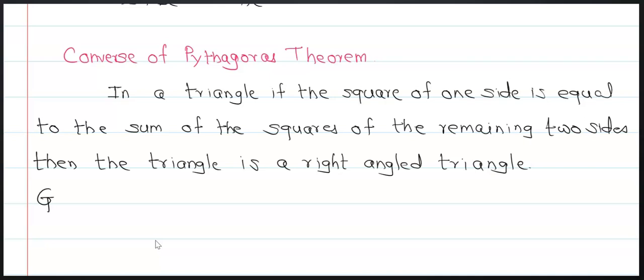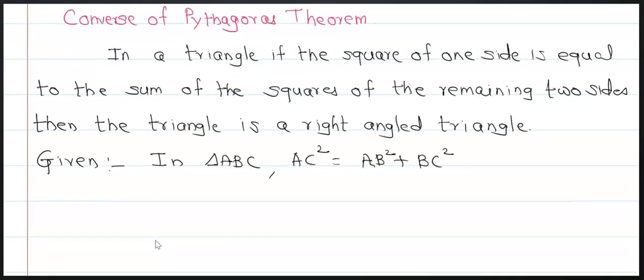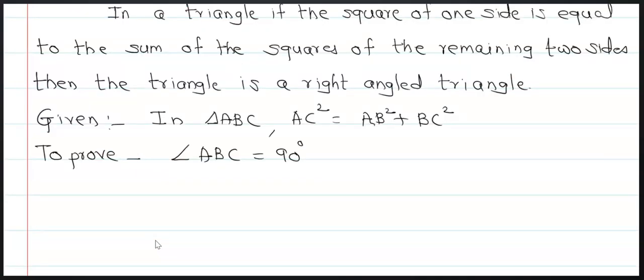No problem. That is given: in triangle ABC, AC square is equal to AB square plus BC square. This we have given. Now we want to prove that the measure of angle ABC is 90 degrees.